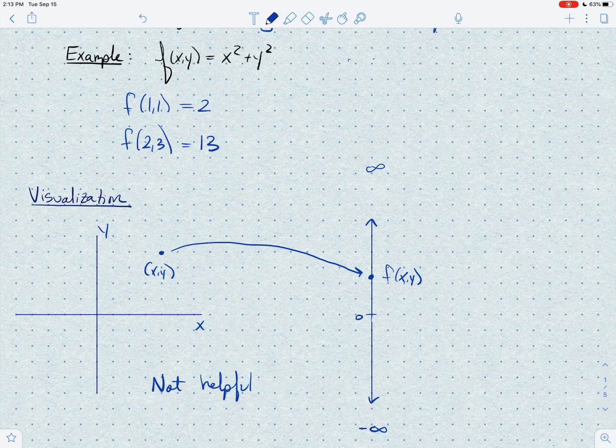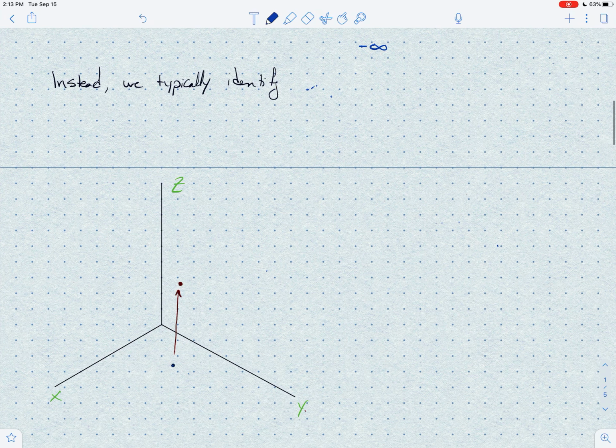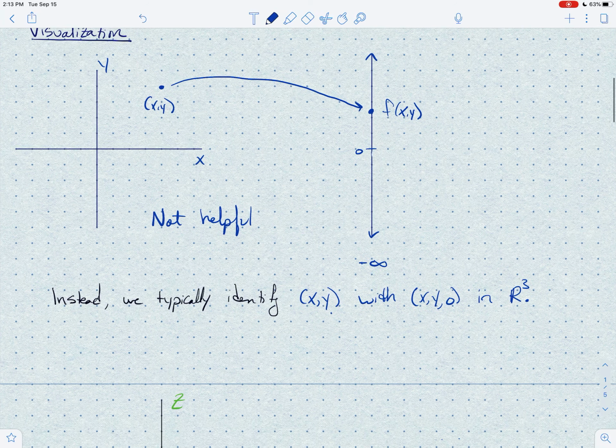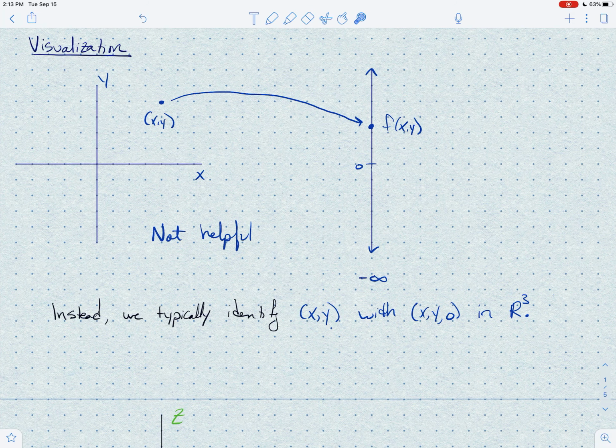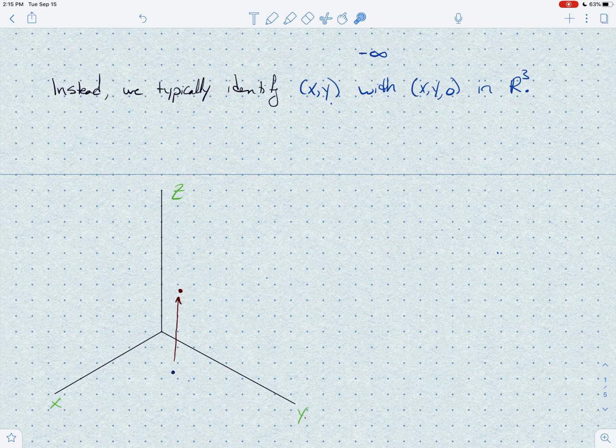Sometimes it might be. What we typically do is we make an identification. So we typically identify the point x comma y with the point x comma y comma 0 in R3. And that's what I need you to see. Functions of two variables, you are plugging in something in the xy plane. This is a point in three space, but really it's living in the xy plane in three space.